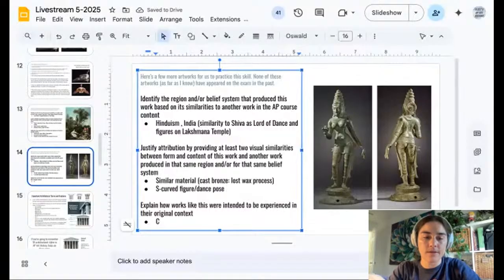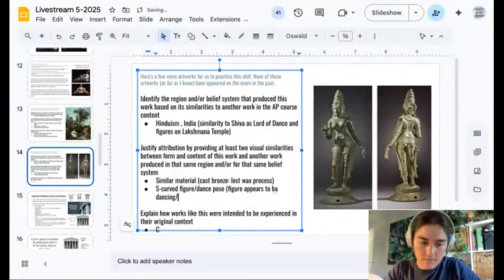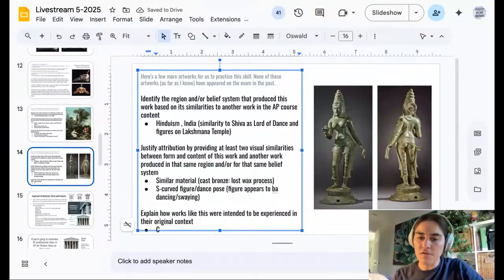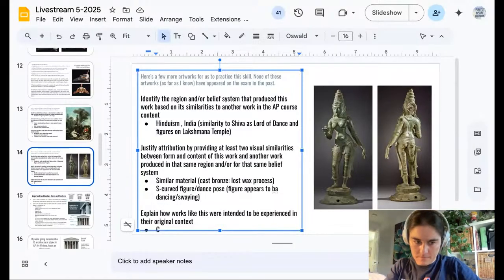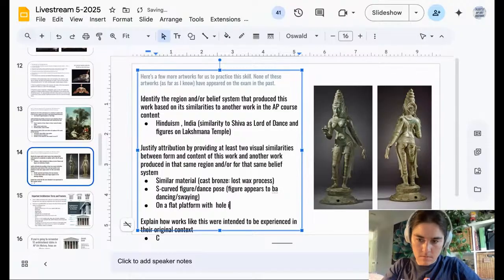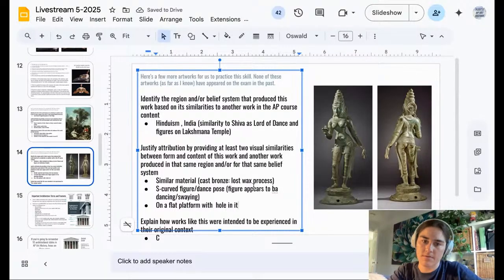So it almost looks like they're swaying, right? And there's this sense of motion to it. And then they're on some sort of platform, right? And there's a little hole in it.